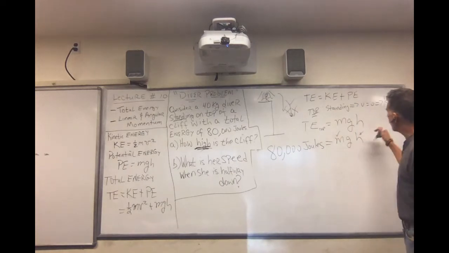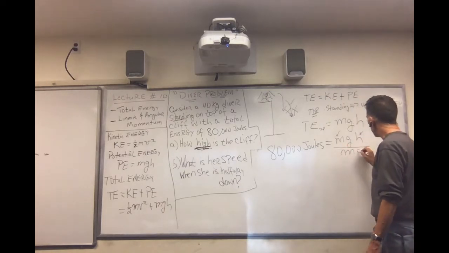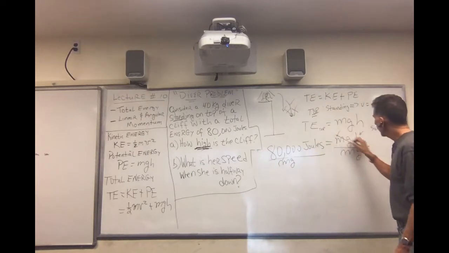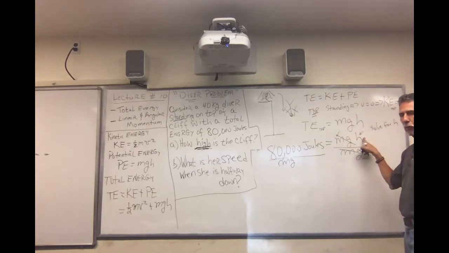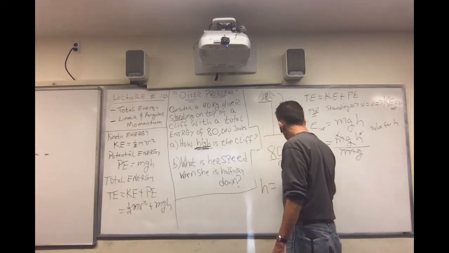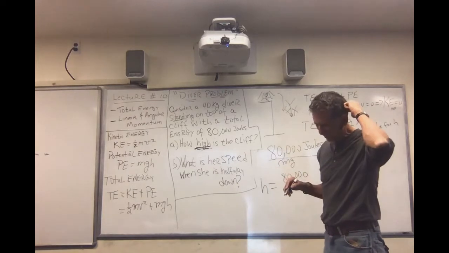So let's solve for h, okay? Solve for h. What does that mean? We need h all by itself. If I divide both sides by mg, the mg's go out and I'm left with just an h. So I'm going to rewrite this as H equals 80,000 joules. Oh, what's a joule?